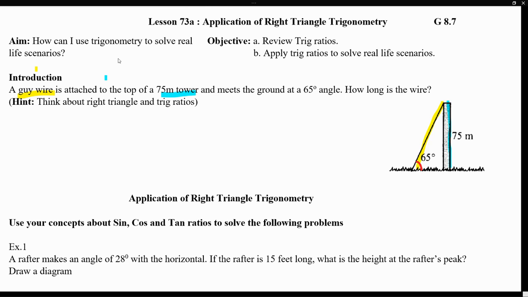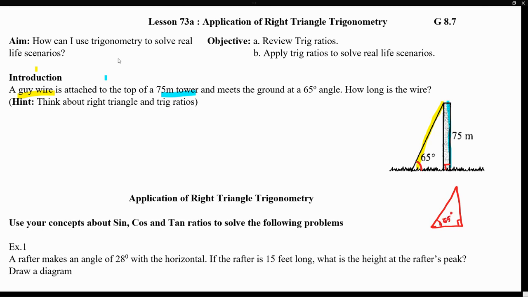But usually towers are built vertically to the ground. So if they're vertical to the ground, we know that that's 90 degrees. And now if we step out for a second, notice that we essentially have the right situation to use the sine and cosine ratio, because we can treat this as a right triangle where this is 65 degrees.